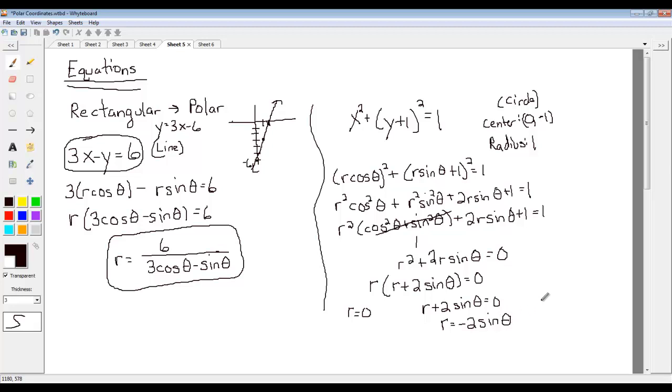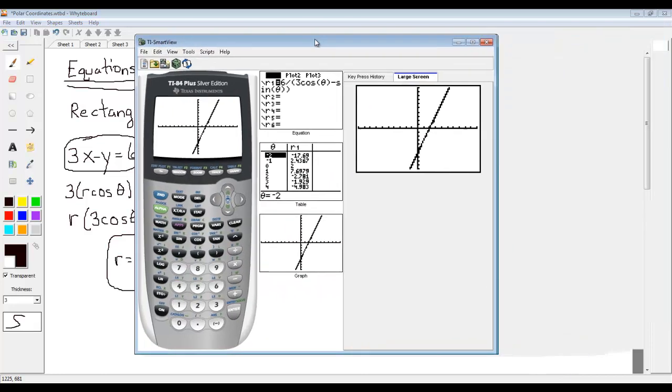Well, when theta is 0, negative 2 sine theta equals 0. So we don't need to include r equals 0, because it's built into here when theta is 0. So we can just use that one, save us some time and energy. But check this out.